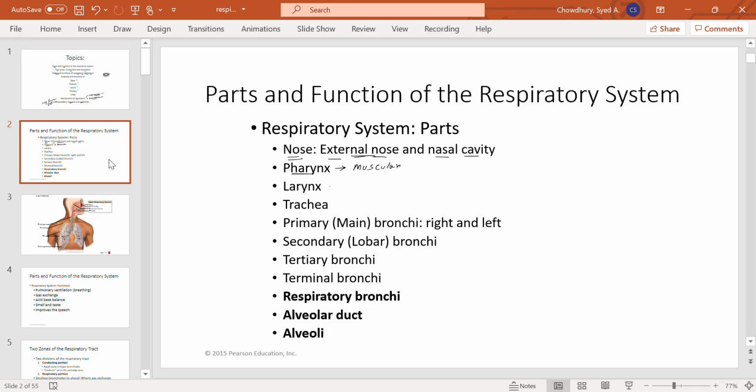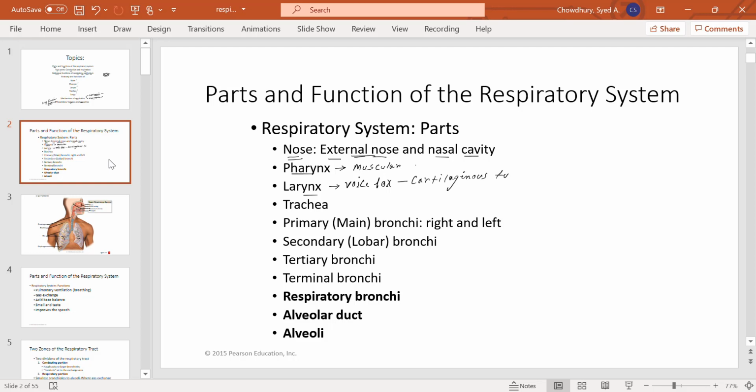Then next part is the larynx. Larynx is also known as voice box. Vocal cords or vocal folds are located inside the larynx to produce the sound. Okay, so larynx is mainly a cartilaginous tube.